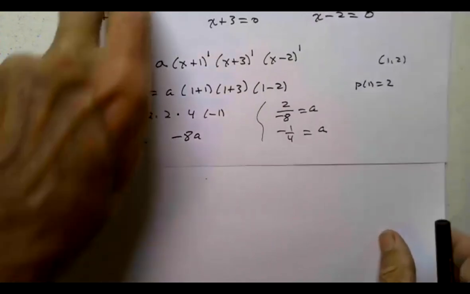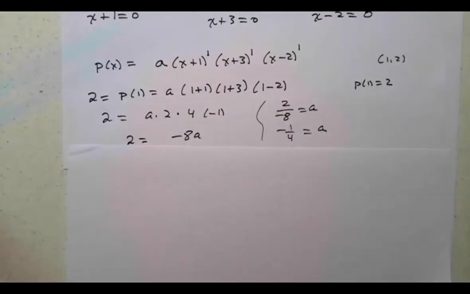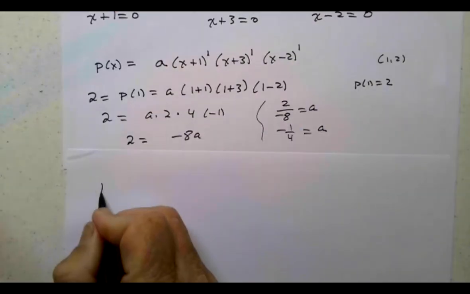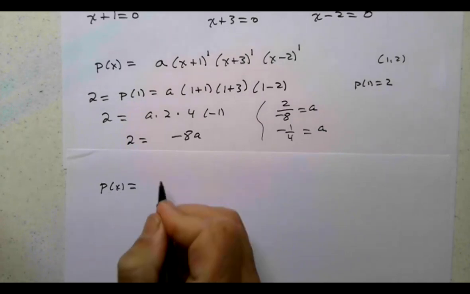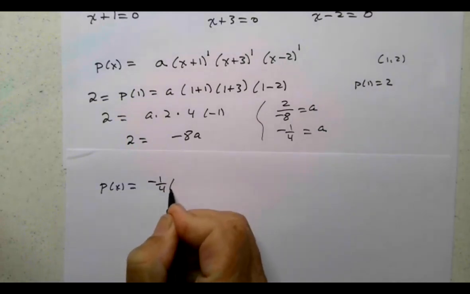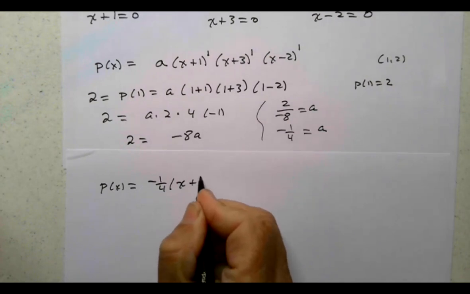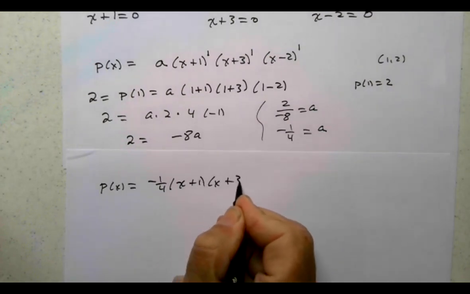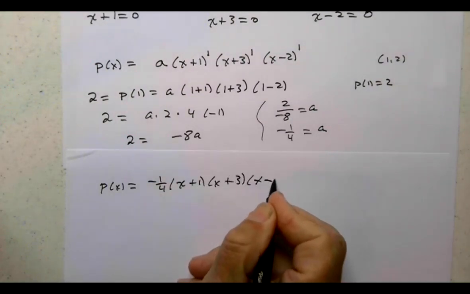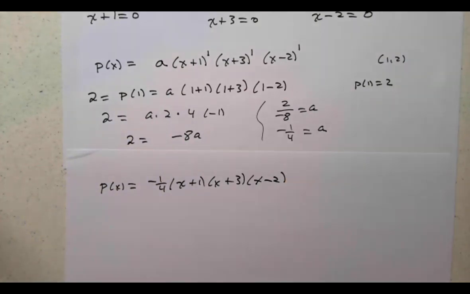So knowing that, let's go ahead and plug those in. So p of x is a, -1/4, times (x plus 1)(x plus 3)(x minus 2). Now we want to see if it really goes through that point (1, 2). So let's go ahead and make that change on our Desmos graph.